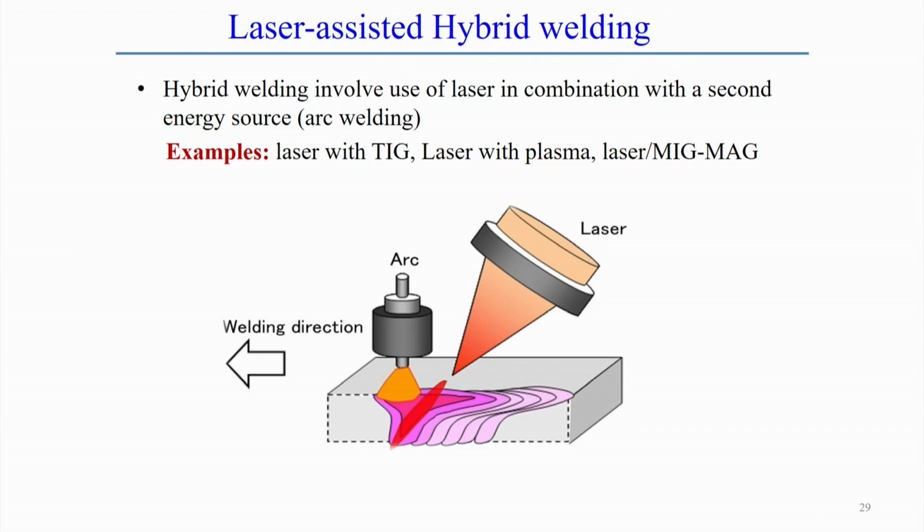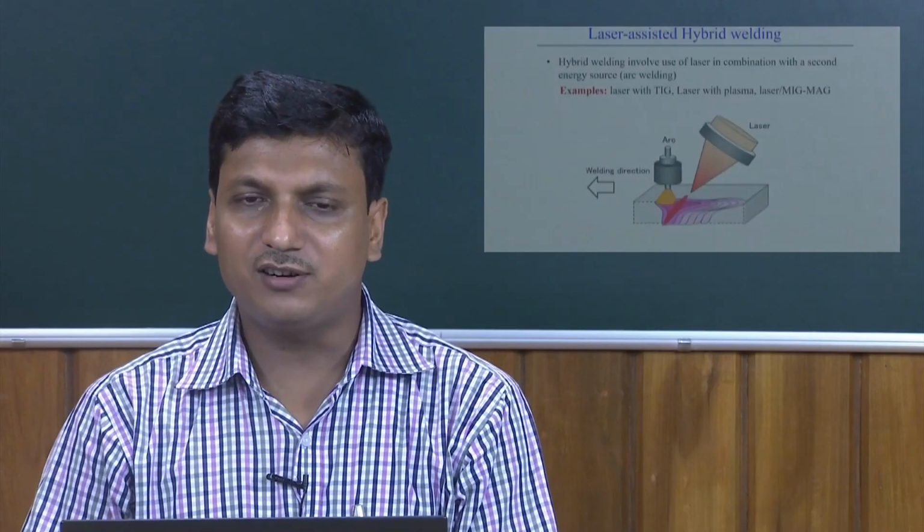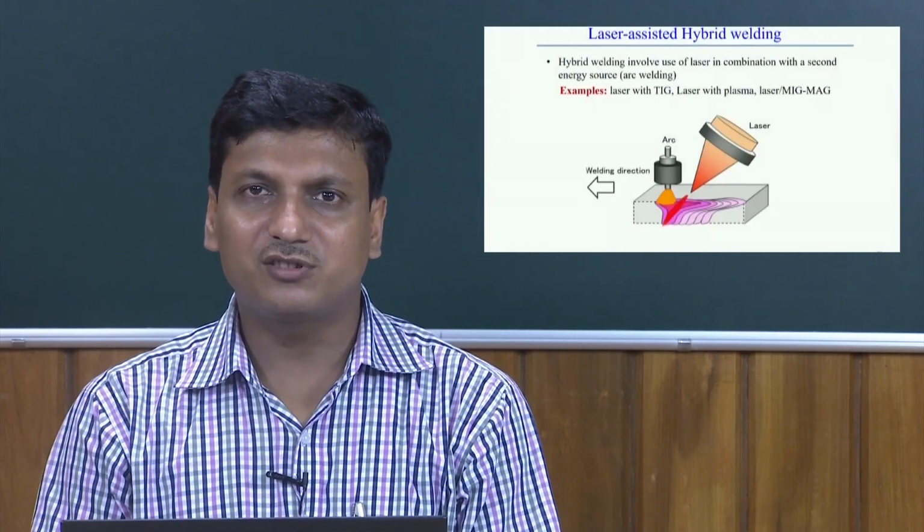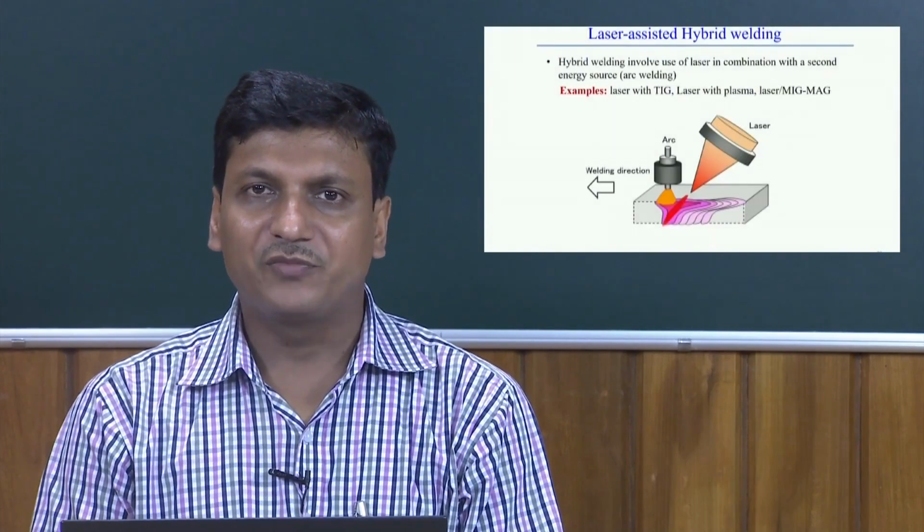But at the same time, the added heat source from an arc welding process increases the width of the heat affected zone or molten zone. So, if a large volume of welding zone is required, then hybrid laser welding is one of the best solutions.